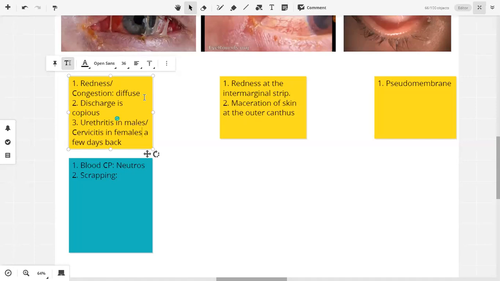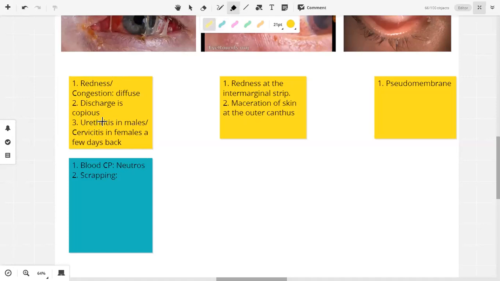So urethritis and cervicitis, they can be both termed under the heading genital tract infections or sexually transmitted infections. Which organisms can cause STIs or STDs? Chlamydia. Now, that is a very important organism. And the second organism, Neisseria gonorrhea. Neisseria gonorrhea, right?